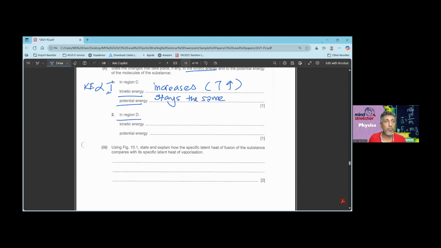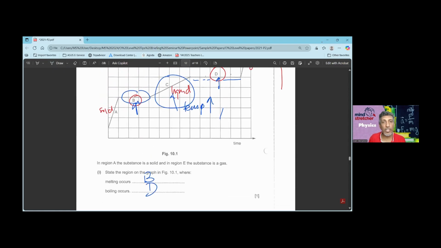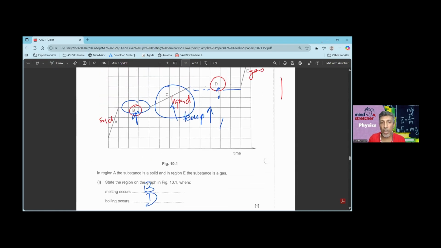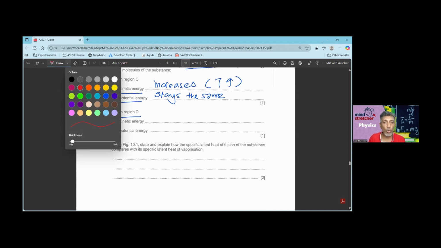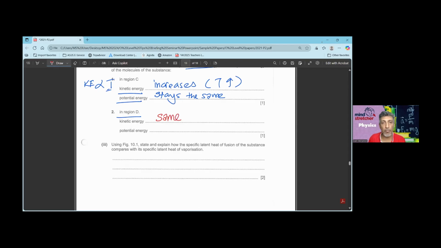Now in region D, which is the change of state, there's no temperature change, so kinetic energy is the same. Potential energy will increase because of the change of state. Particles get further apart.